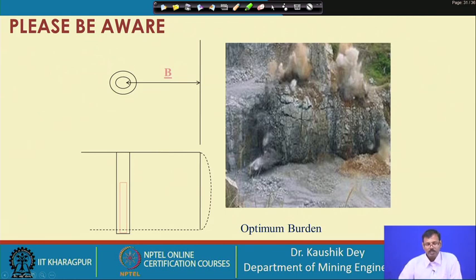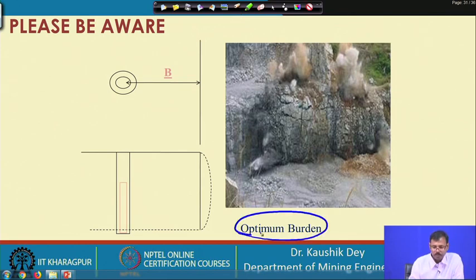One must be aware, I am again dictating this because it was already discussed once in the explosive rock interaction. Burden must be optimum, and optimum burden will give us the best result.